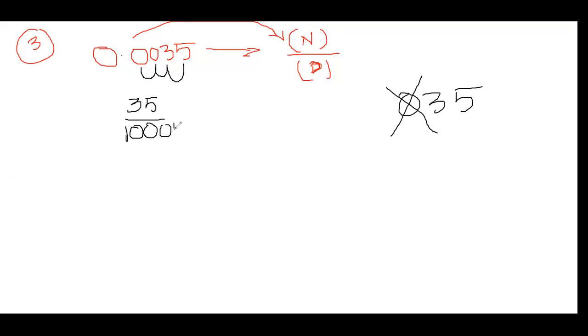Now cancel in what table? 5 table. 5 sevens are 35, 5 twos are 20. Remaining 3 zeros, copy the 3 zeros. So your final answer: can you cancel this 7 in the 20 table? No. So your answer is 7 by 2000.